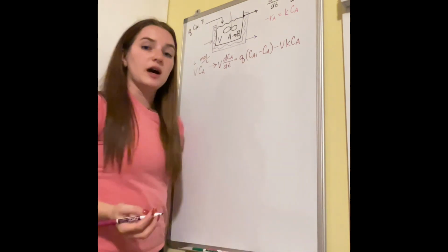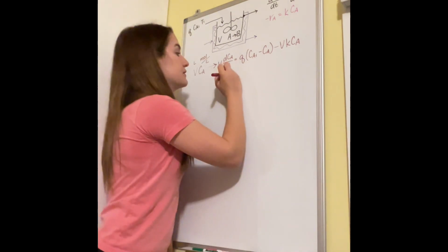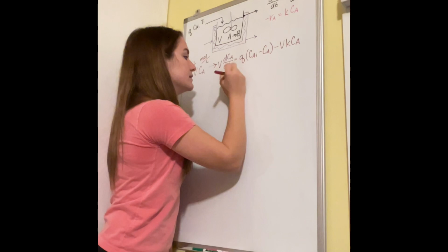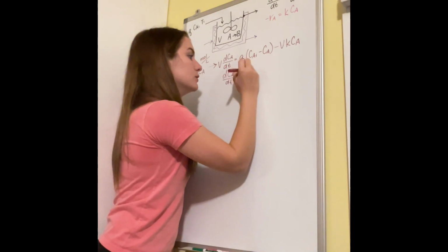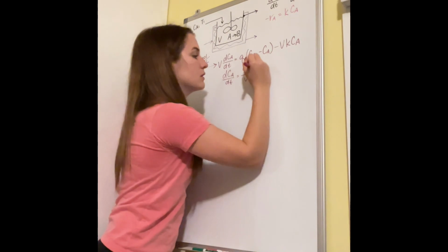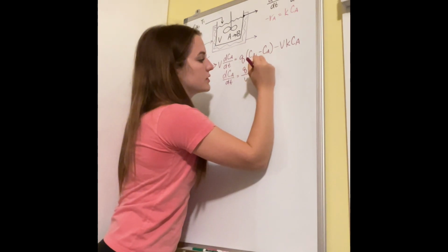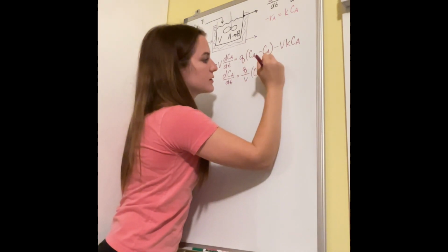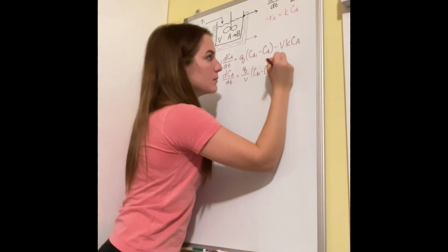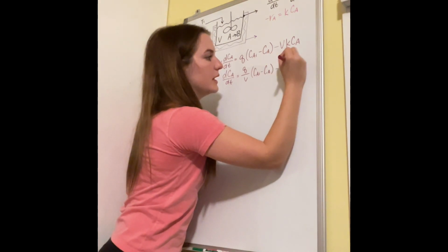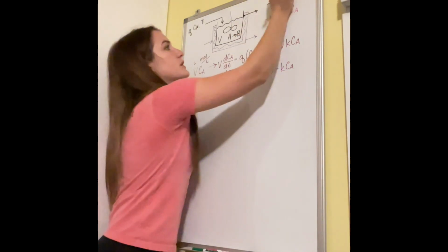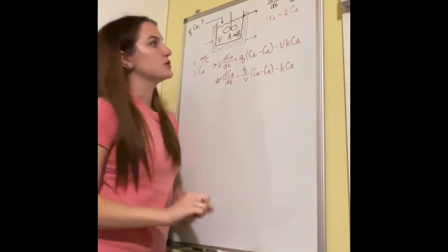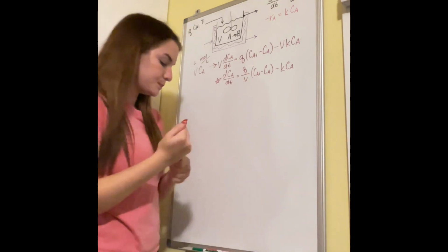Now if we isolate dCA on our left-hand side, we get dCA over dt is equal to Q divided by V times (the concentration of AI minus the concentration of A) minus K CA, since those volumes cancel. So here's our equation for the change in concentration over the change in time.